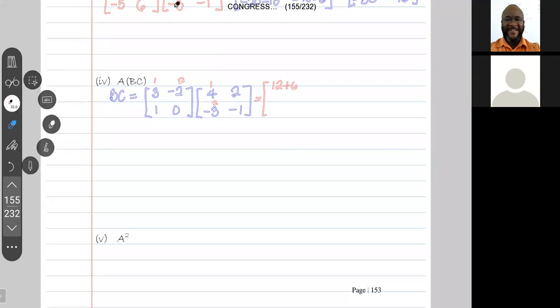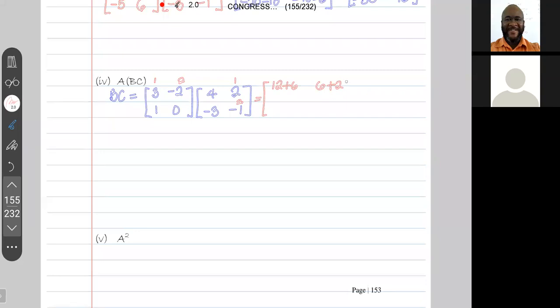Next, the same top row, but this time by the left column. The first element in the row, 3, times the first element in the column, 2. 3 times 2 is 6. The second element in the row, minus 2, times the second element in the column, minus 1. Minus 2 times minus 1 is positive 2.